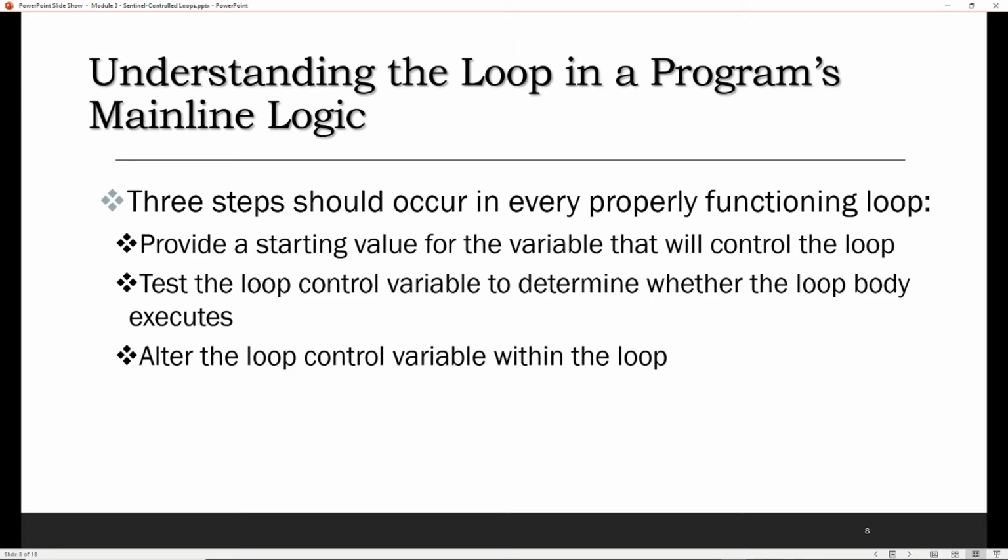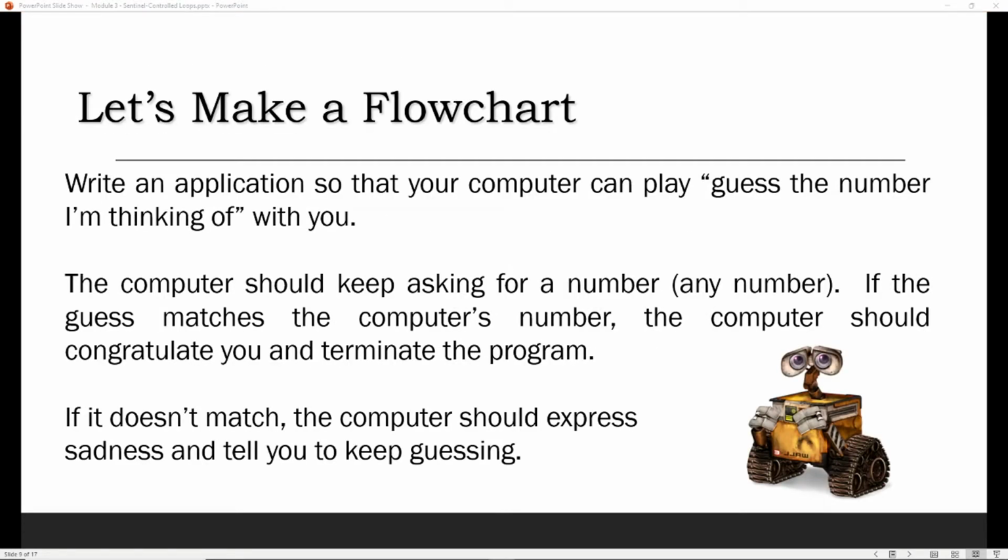And then on the side of the repetition, we have to alter the loop control variable within the loop. Failing to do so will result in an indefinite loop. So there are really 3 areas where one can make a mistake when constructing this kind of loop. So just make sure that as you are constructing your flowcharts that you have each of these 3 components. So let's take a look at another example of an indefinite loop.